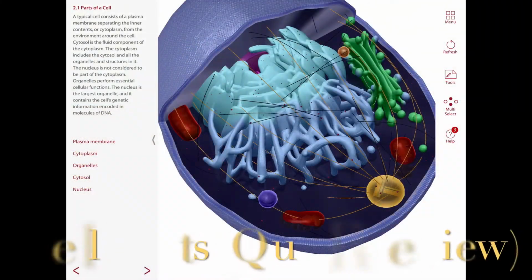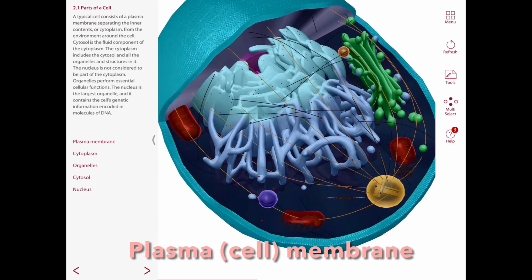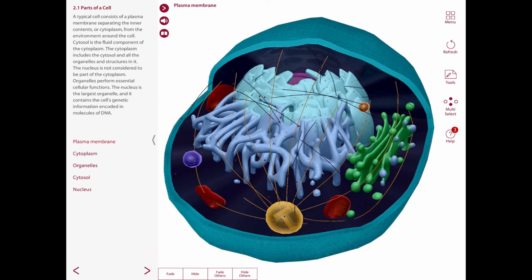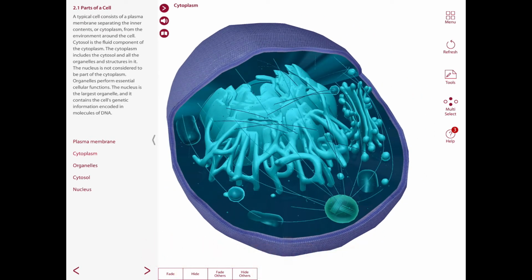The parts of a cell, just as a reminder, are three major components. The first one is the plasma membrane, which remember is the structure that protects or envelopes the rest of the cell. We also have cytoplasm, which essentially is everything that is inside of the cell membrane, such as the organelles and the liquid medium, which we know as the cytosol.